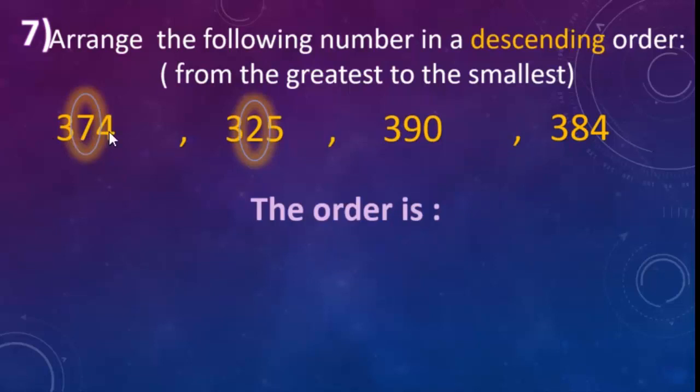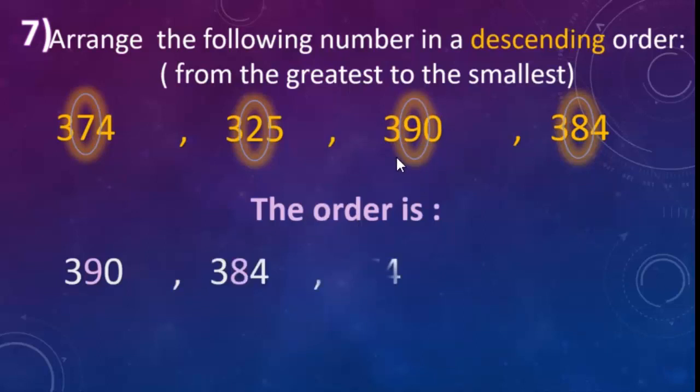Here we have 70, 20, 90, 80. So when we arrange these numbers descendingly from the greatest to the smallest, we will start with 390, then 384, then 374. The last one is 325.